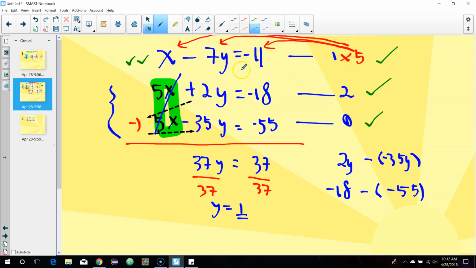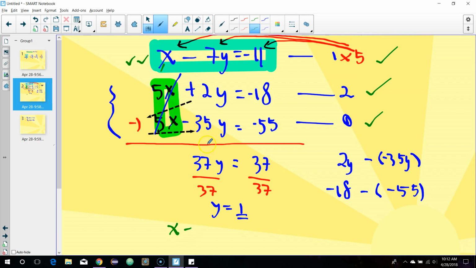So I'm in the process of finding x. What I'm really trying to do is use this equation right over here, and I'm going to start copying this. Let's keep it in green. So x, I'm going to copy that.